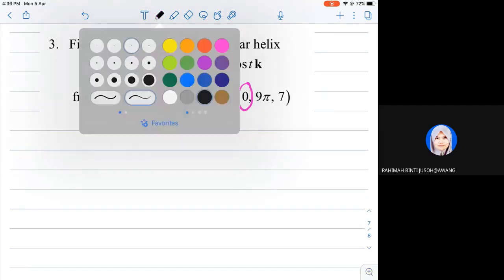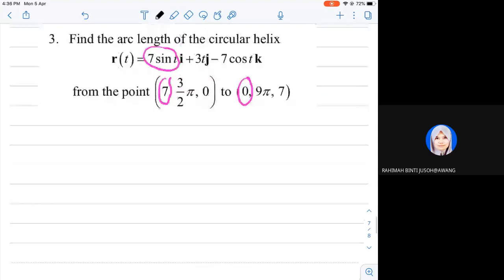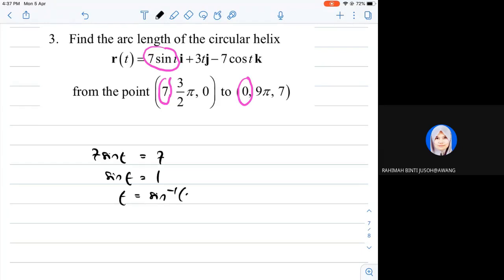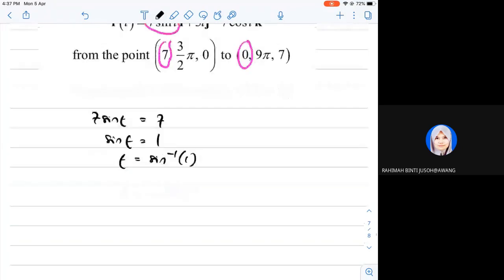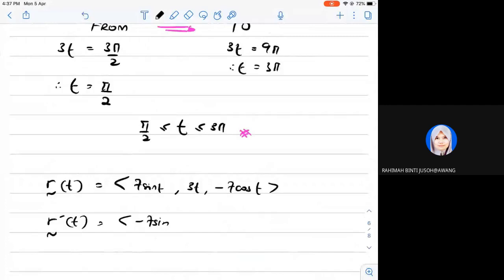Okey, so kalau you ambil yang tu, you ada 7 sin T equals to 7. Macam tu. So sin T equals to 1. Kan 7 bagi 7. So T equals to arcsine of 1. So kalau you tekan calculator, you dapat pi over 2, isn't it? Betul lah. Sama macam tadi, pi over 2.